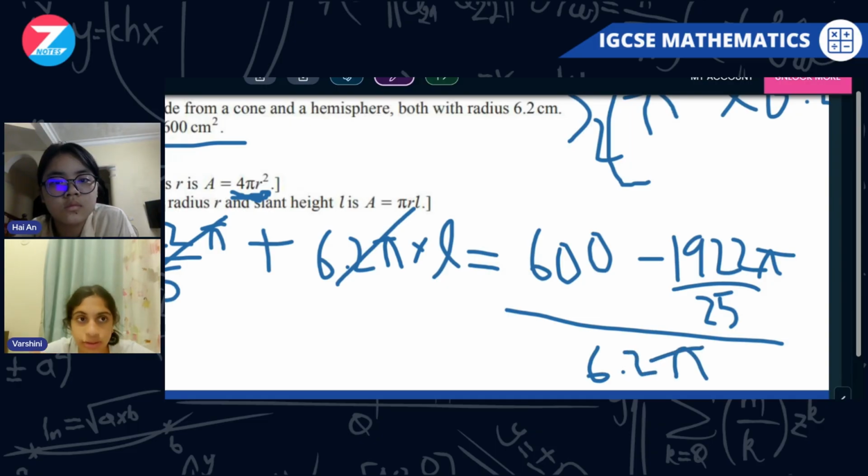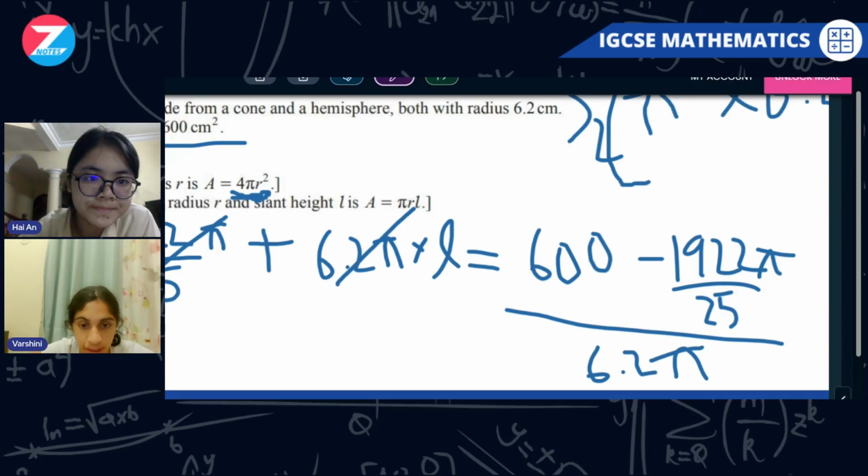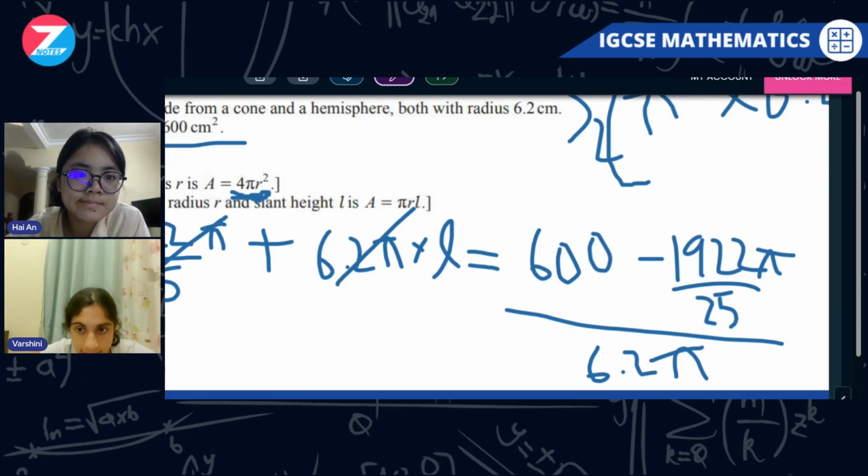And now you can just put this straight into your calculator. 600 minus 1922 pi over 25, and divide that full thing by 6.2 into pi.